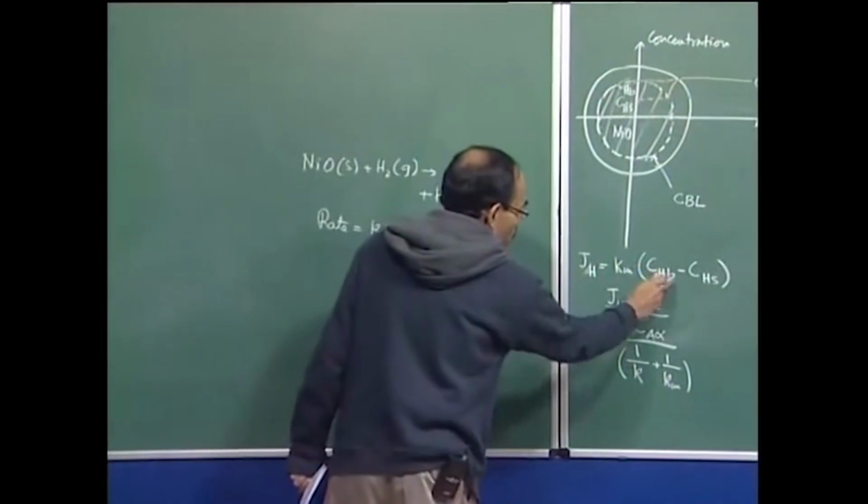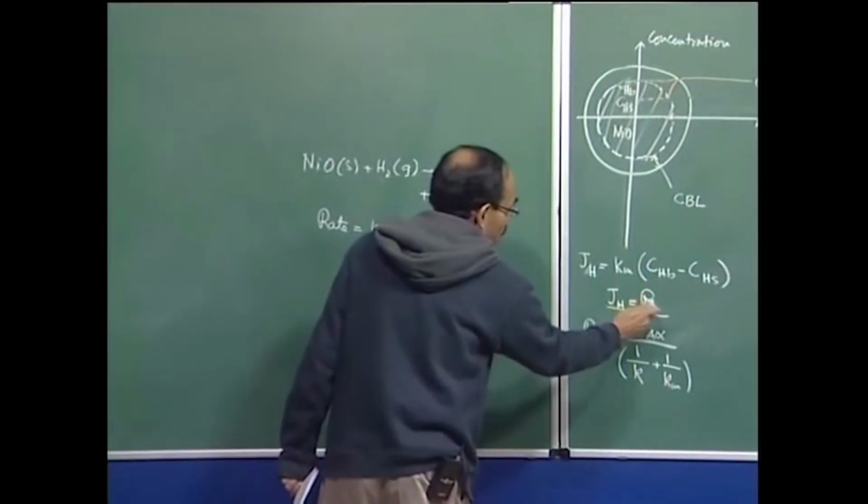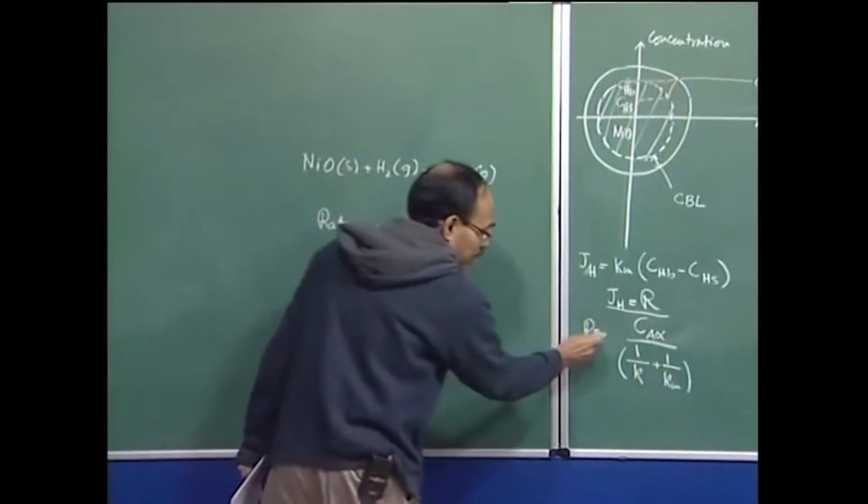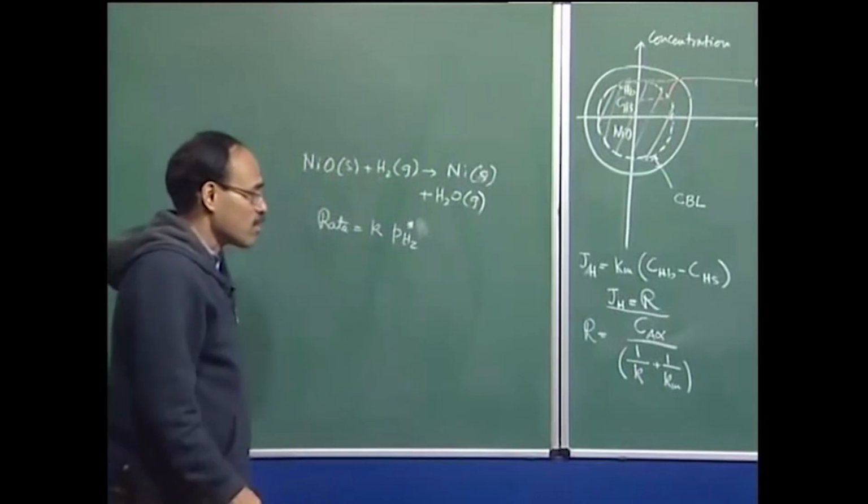So, I can write J_H is equal to R, and then for R I can write down this equation, manipulate with the two, and then I can arrive at this equation. It is a trivial exercise and one should be able to do it.